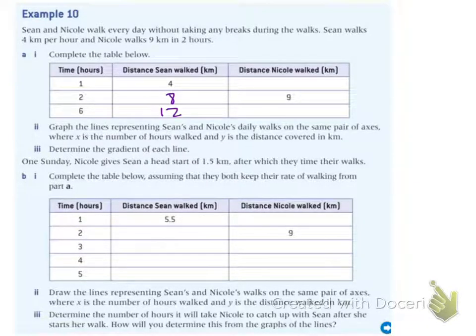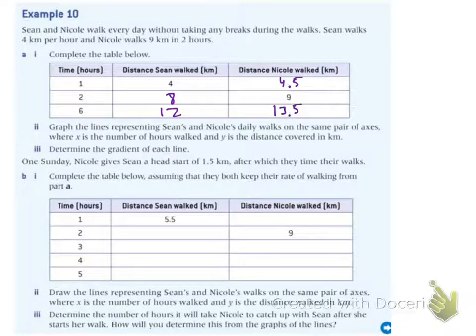Now, it's constant, so if Nicole can go 9 kilometers in 2 hours, in 1 hour would be half the time, that'd be 4.5. So 4.5 times 3 is what? 4 times 3 is 12, plus 1.5, 13.5 kilometers.